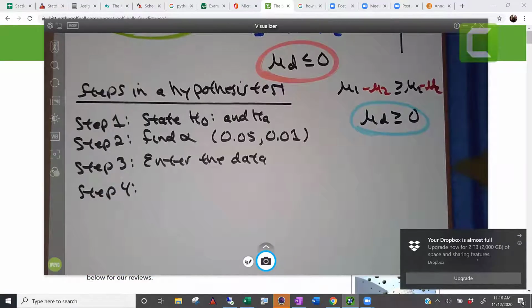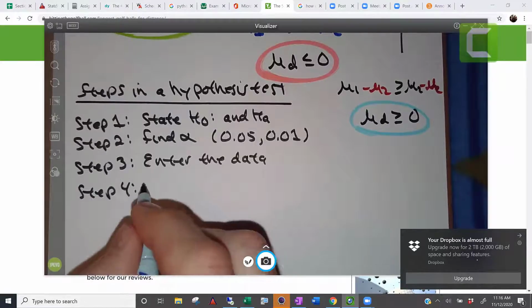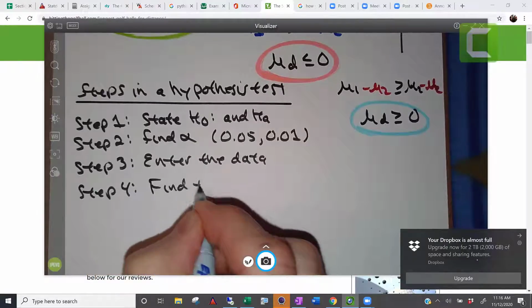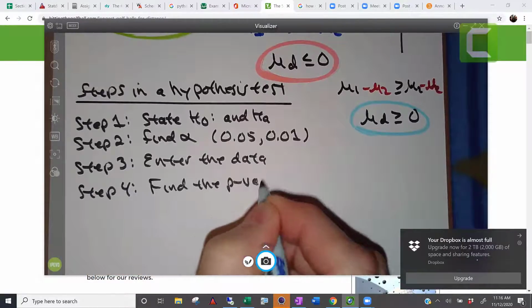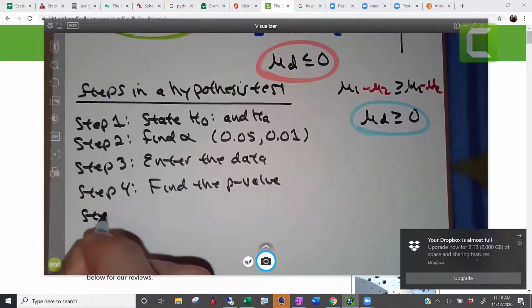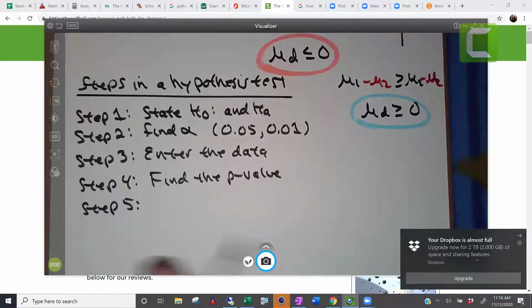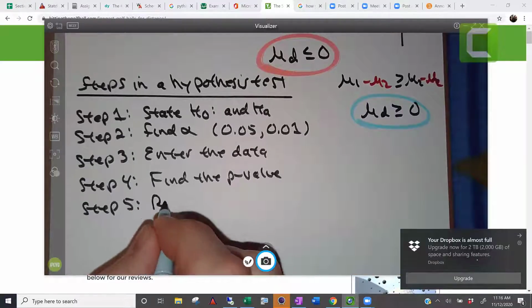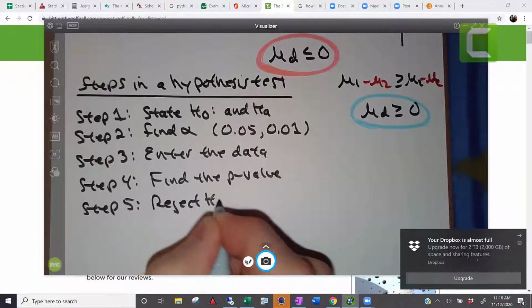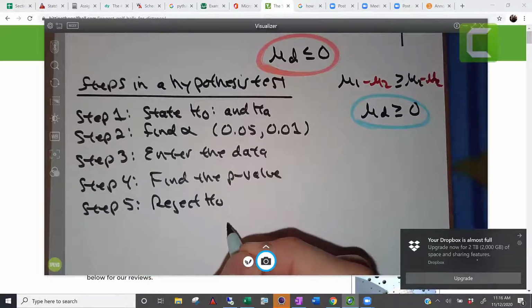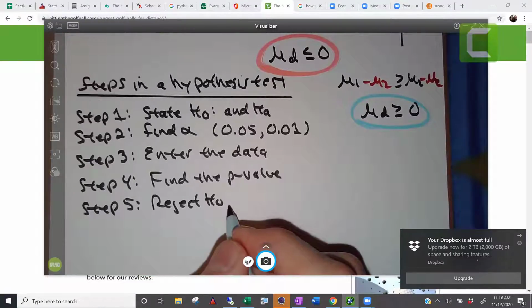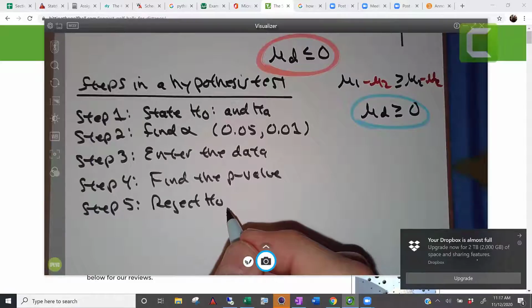What do we need once we enter the data? What were we trying to find? The p-value. Find the p-value. Well done. And once we found the p-value, that allows us to determine if it's high or low compared to alpha. Excellent. Thank you, Jaleisha. If the p-value is low, H naught must go.